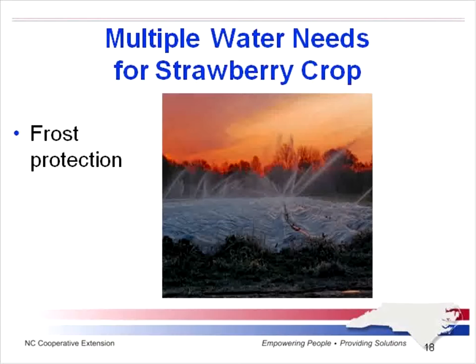In some crops, frost protection is used, and the water quality at that time is also important. It should be noted here that with frost protection in a crop like strawberries, there may or may not be fruit on the plant at the time of frost protection.